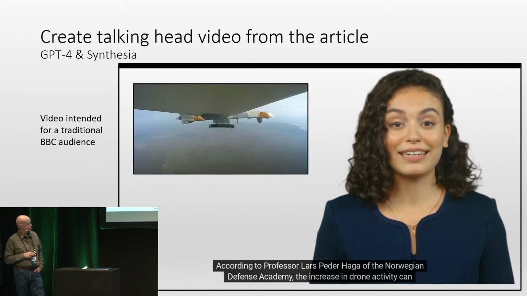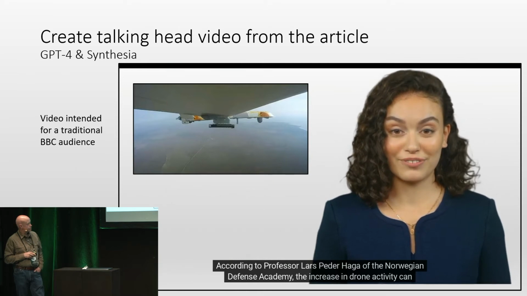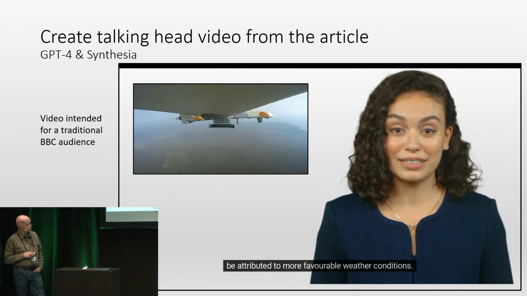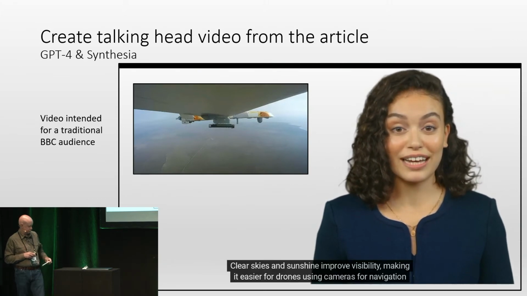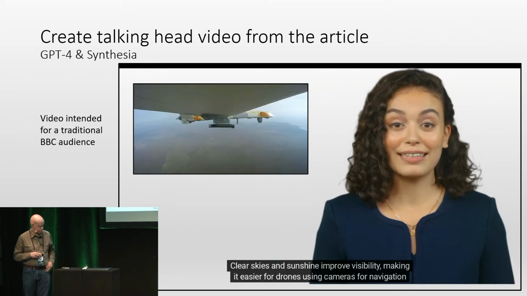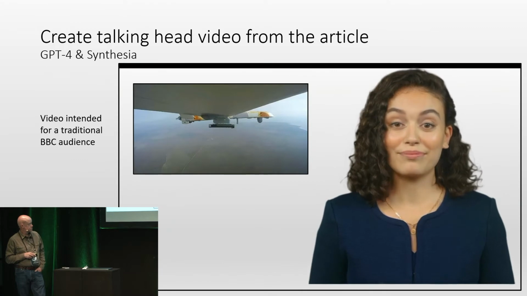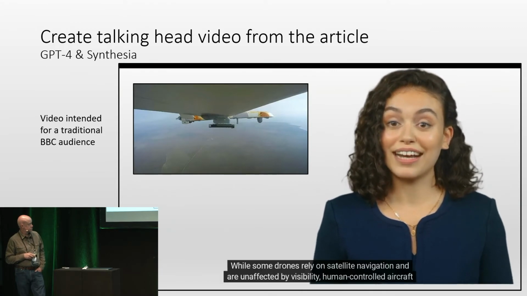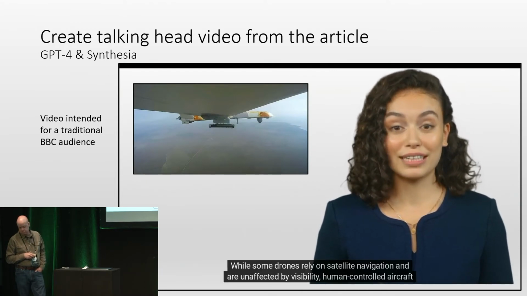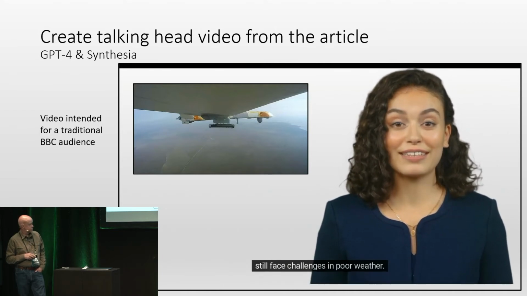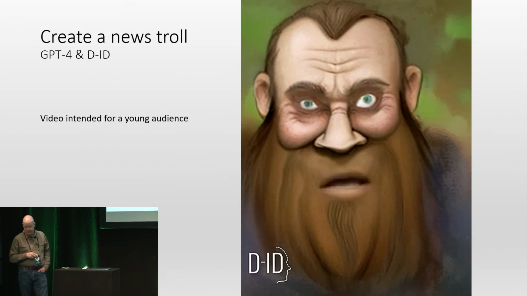According to Professor Lars Peder Hager of the Norwegian Defence Academy, the increase in drone activity can be attributed to more favorable weather conditions. Clear skies and sunshine improve visibility, making it easier for drones using cameras for navigation to operate. While some drones rely on satellite navigation and are unaffected by visibility, human-controlled aircraft still face challenges in poor weather.